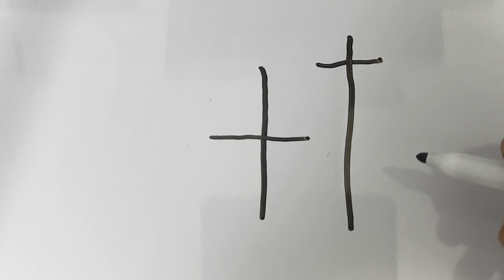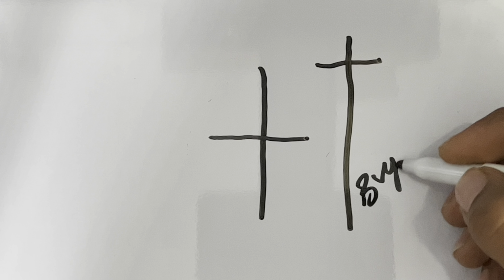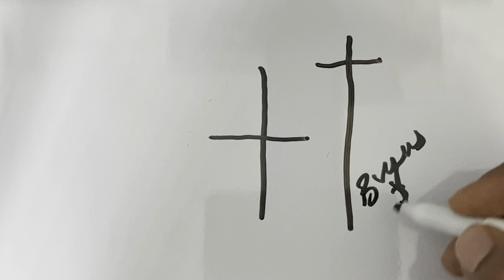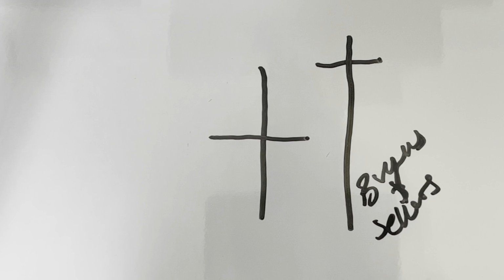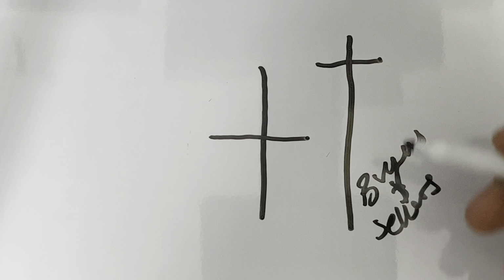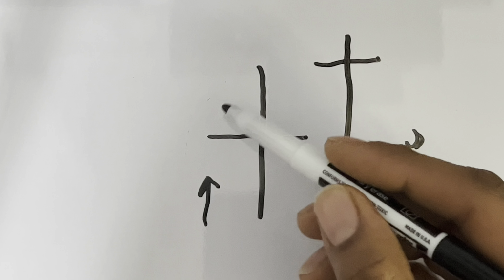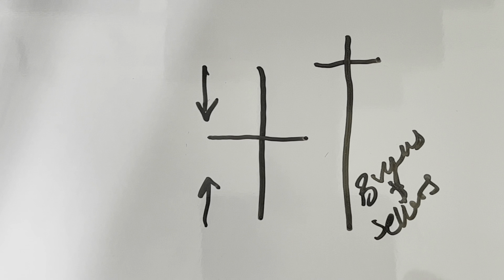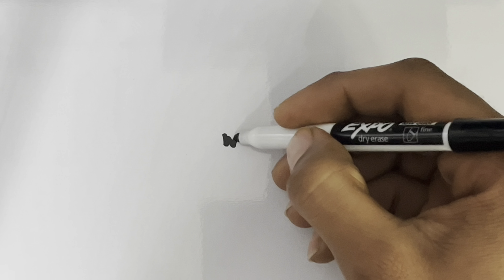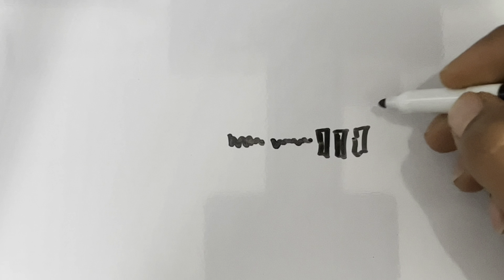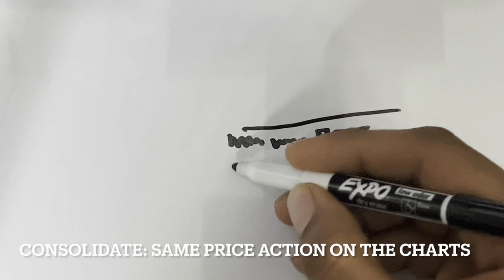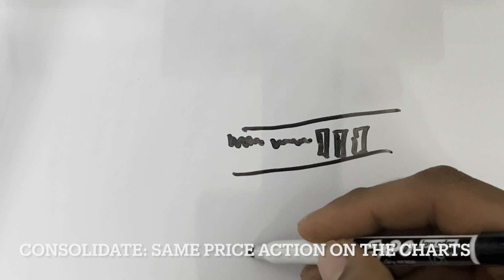There are buyers and sellers, and they're fighting for position. What happens in this case a lot of the time is that it can consolidate. You see them in a row like this.